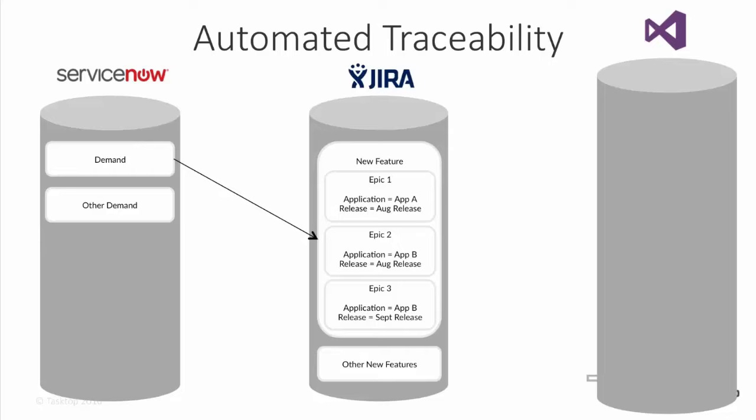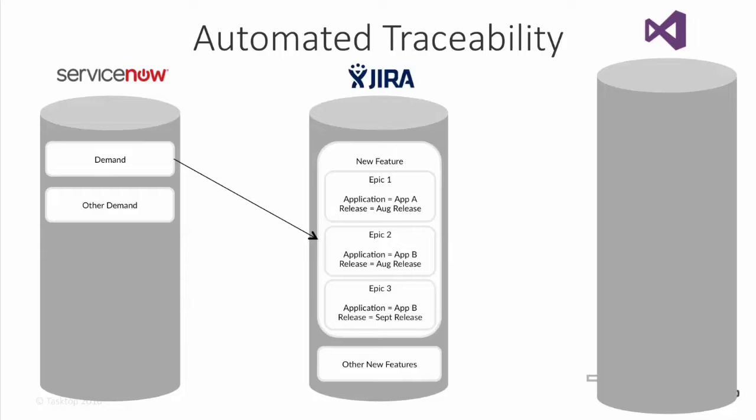What release is this particular epic assigned to? So we're starting to get this complexity where we have demand that is actually spanning multiple applications, it's spanning multiple releases, and we're able to manage this on the Jira side with the relationships within Jira.